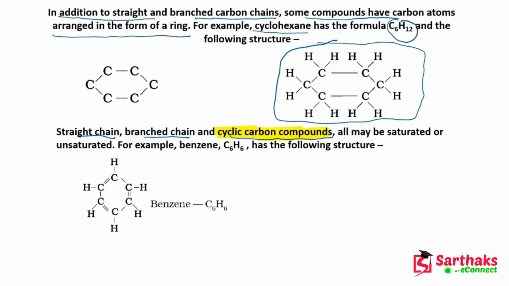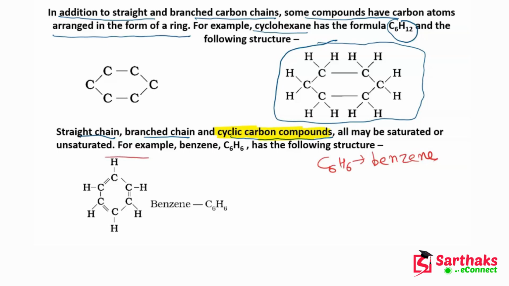Now if you are asked for an example of an unsaturated cyclic carbon compound, you can give the example of C6H6. This is benzene, and it is a very important compound that will be used very frequently in chemistry.